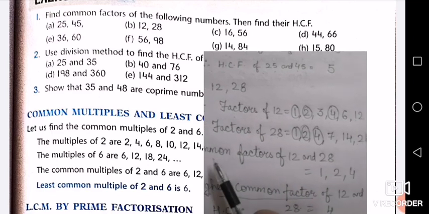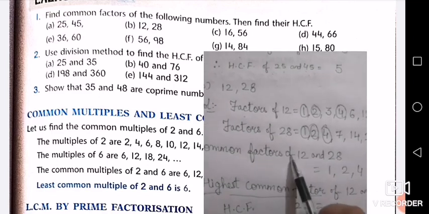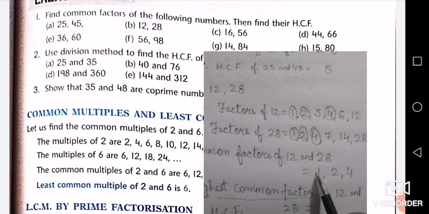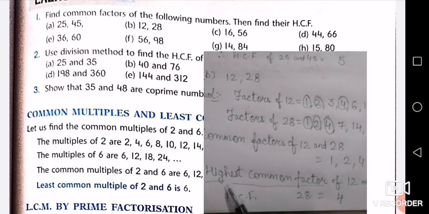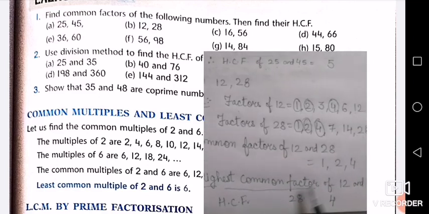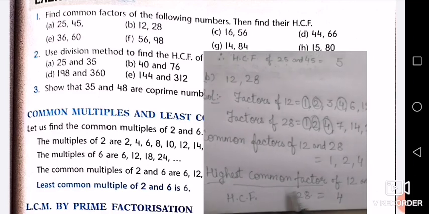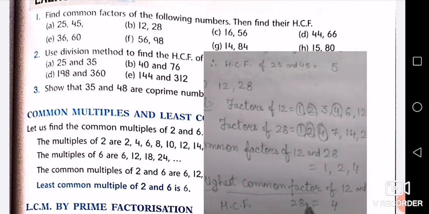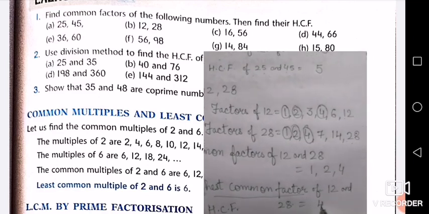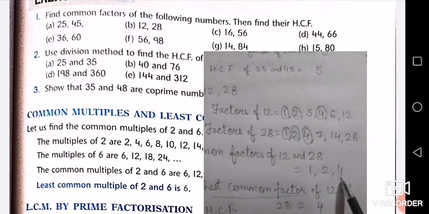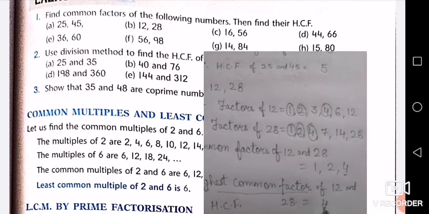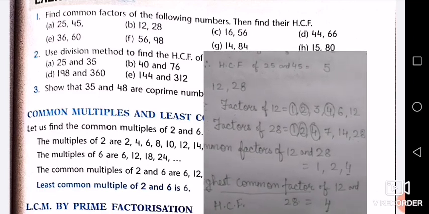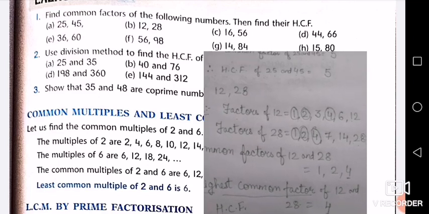Then the next step is to find the common factors of 12 and 28, that is 1, 2 and 4. Therefore, the highest common factor or HCF of 12 and 28 is equal to 4. The highest number of your common factors will become your highest common factor.